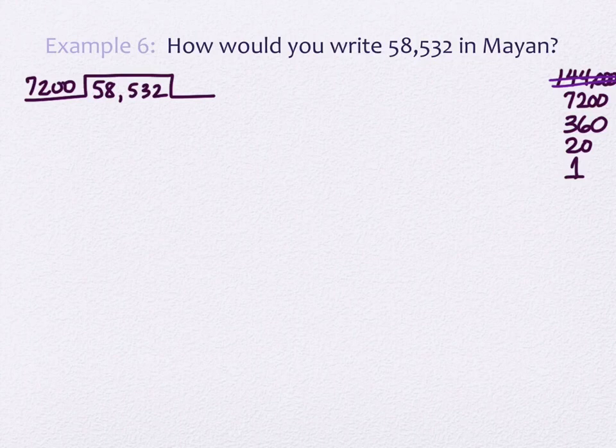And I ask, how many times will 7,200 go into 58,532? How many whole number times? 8. What is 8 times 7,200? Good job. And if I subtract, what do we get?